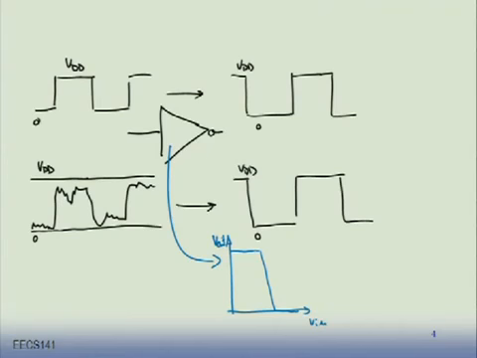Something that is bigger than VM at the input gives a solid 0 at the output. Something that is less than VM will produce a solid VDD at the output.